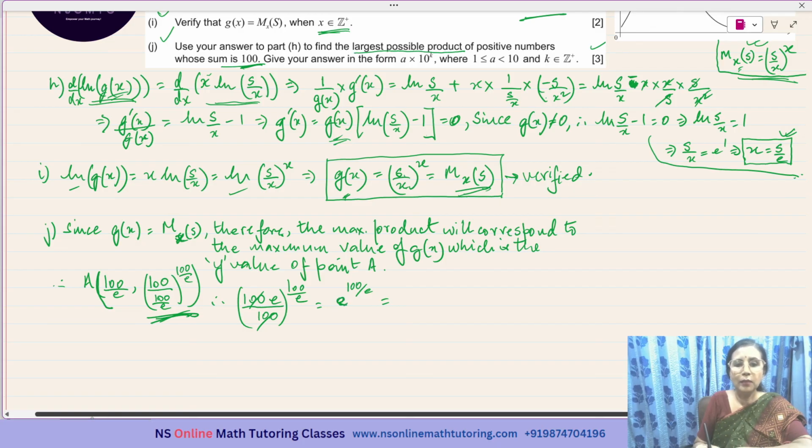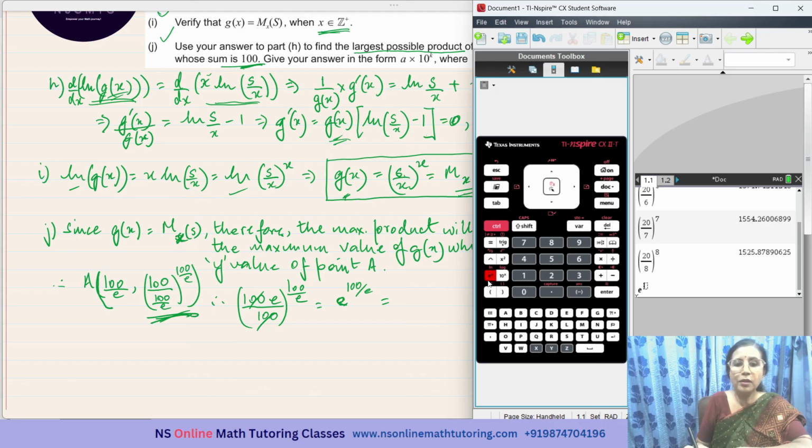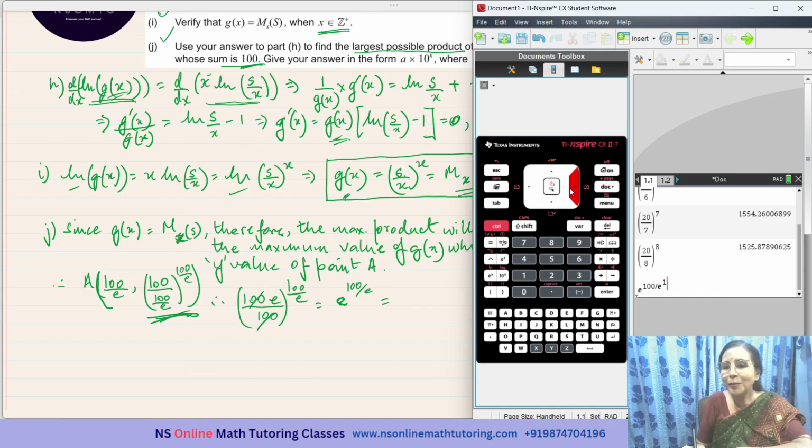Okay, let me first of all get this value. E raised to the power of 100 divided by E, I am writing E raised to the power of 1. I have no other option.